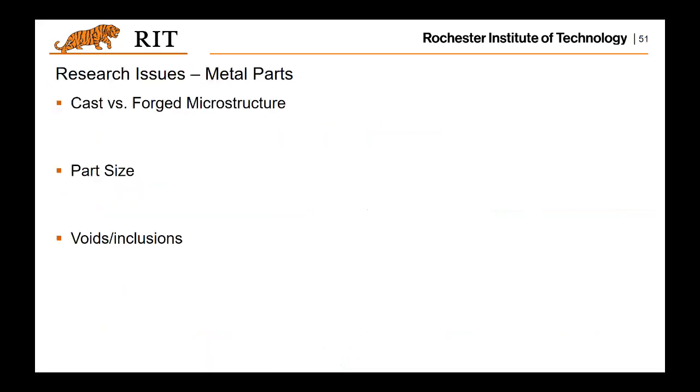Also, there are some research directions. For example, when speaking of the metal parts, there's always a comparison between metal additive parts versus casting and forging, right? Which one's better in terms of the mechanical and material properties, as well as the cost and the time cost, and so on?